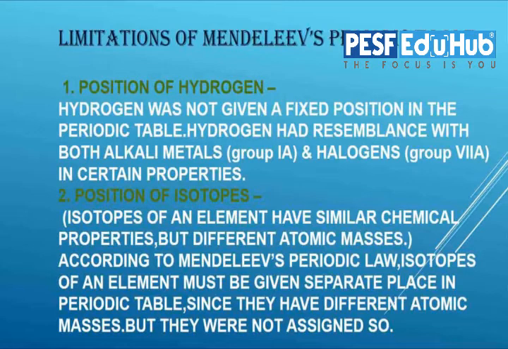Hydrogen had resemblance with both alkali metals, which are group 1A elements, and the halogens, group 7A, in certain properties. If we look at the electronic configuration of hydrogen and alkali metals, the number of electrons in the outermost shell, the valence electrons, was the same for both of them, that is 1.